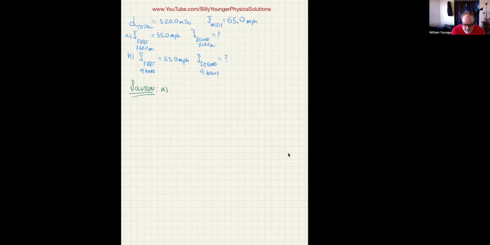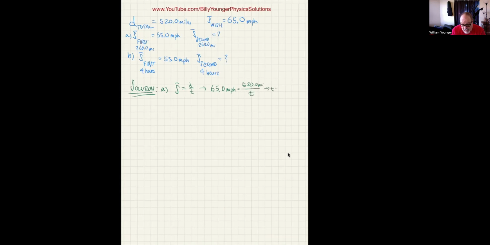So remember, average speed is equal to distance divided by time. If I wanted my average speed to be 65 miles per hour, I'd write 65.0 mph is equal to 520.0 miles divided by time.